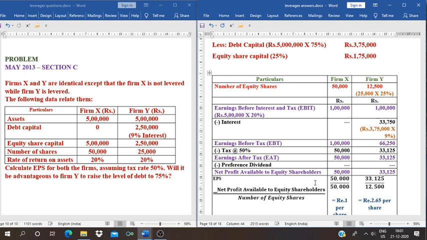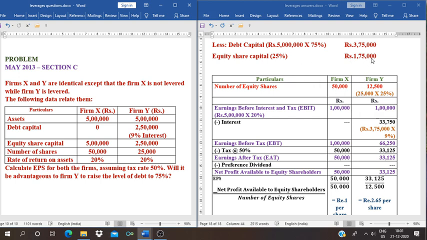Whatever information is given in the problem, same information. Already we have calculated in the previous slide, but same thing I have written here for firm X. Okay. Number of equity shares 50,000 for firm X, but for firm Y, how much?